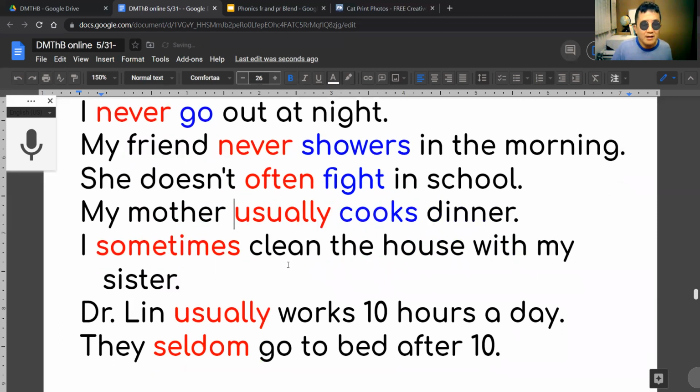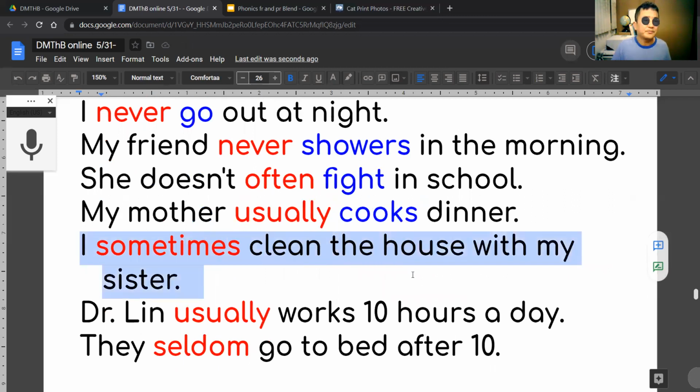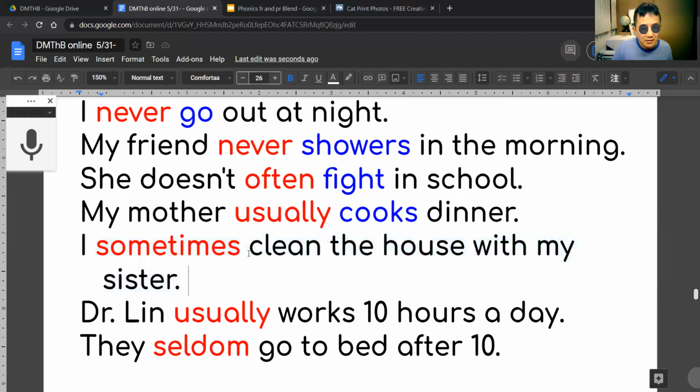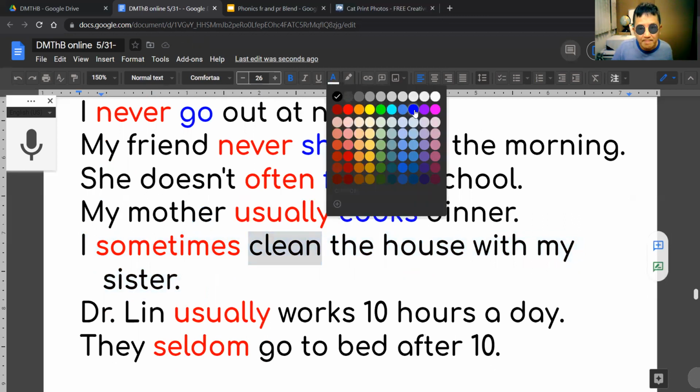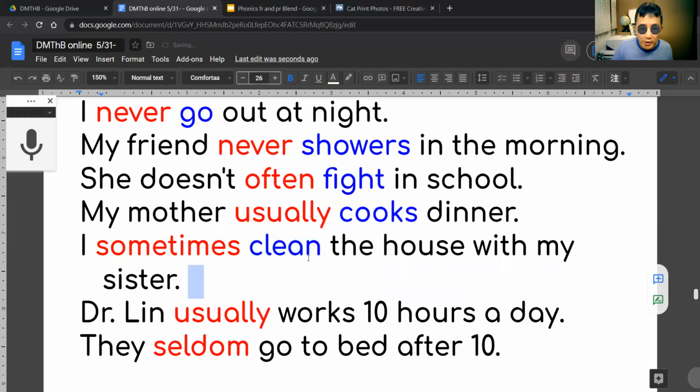Okay, let's look at another example. I sometimes clean the house with my sister. What is the common verb? It is clean. Where is the adverb of frequency? It's right here, right before the verb. Sometimes clean.